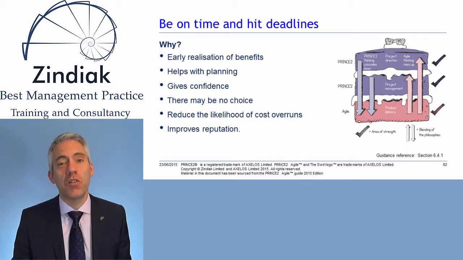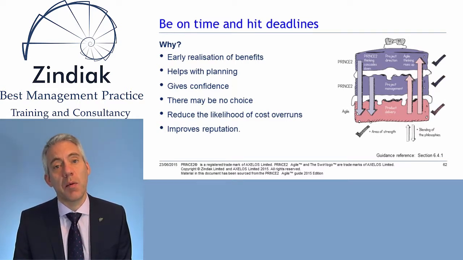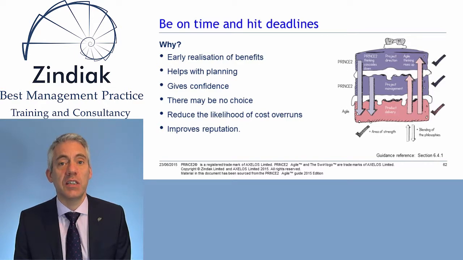So overruns can very quickly cost a lot of money if you've got a big project team. So ensuring that you're on time and hitting deadlines reduces that likelihood of cost overruns. And if cost is very important, which it typically is, then fixing the time and ensuring you deliver on time can help avoid those cost overruns.